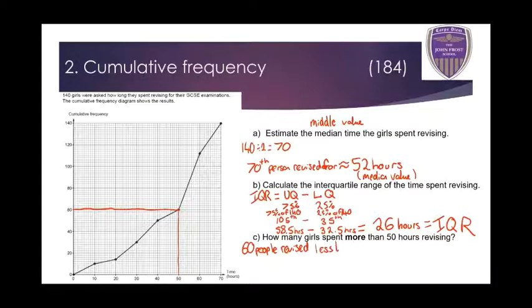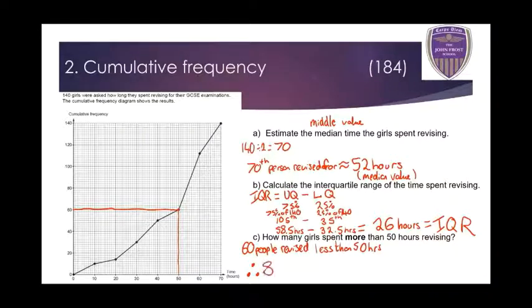Therefore, if we know that there are 140 people in total, if 60 people revised less than 50 hours, that must mean the rest revised more than 50 hours.